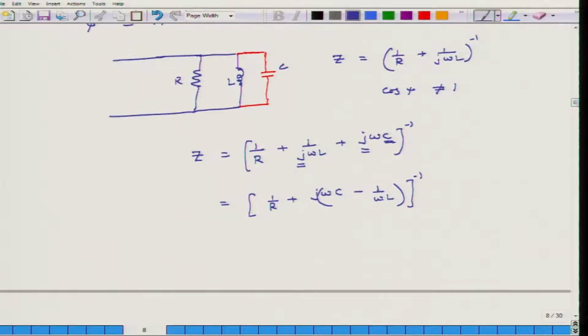So, I can choose C in such a way that this term becomes 0, and when this term becomes 0, then Z becomes once again purely resistive, and cosine psi becomes 1.